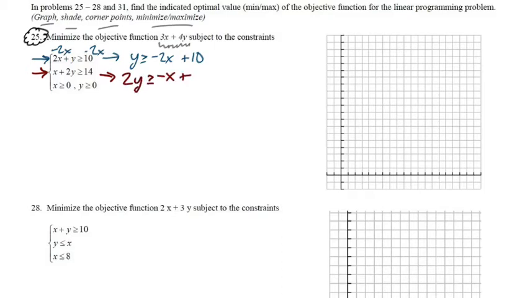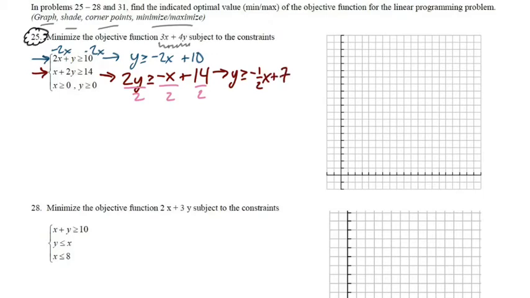We need y by itself though, so don't forget we're going to divide everything through by 2 here, which gives us y is greater than or equal to negative 1/2 x plus 7.